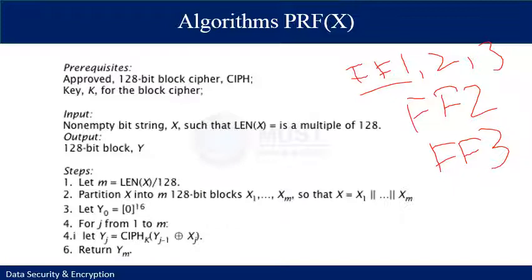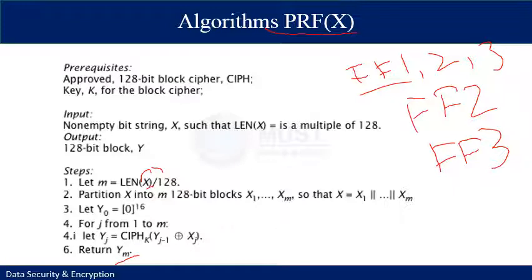The algorithm FF1 was submitted to NIST as a proposed FPE mode with the name FFX radix. FF1 uses the pseudo-random function PRF_K of x that produces a 128-bit output with the input x. So it takes the input x and produces a 128-bit output, and it also uses an encryption key.